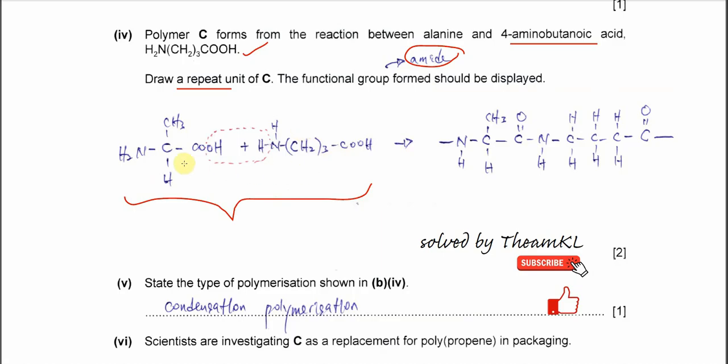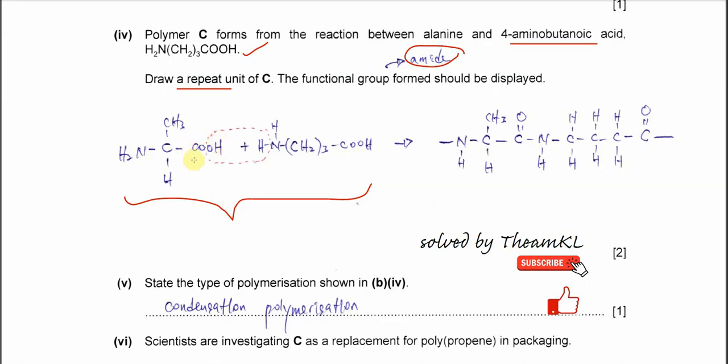First, you need to arrange the difunctional groups on left and right. So it's easier for you to get the structure. For this alanine, we know that the carboxylic acid and the amine, so this is a difunctional group. You just put it left and right. After that, one of the groups will react.